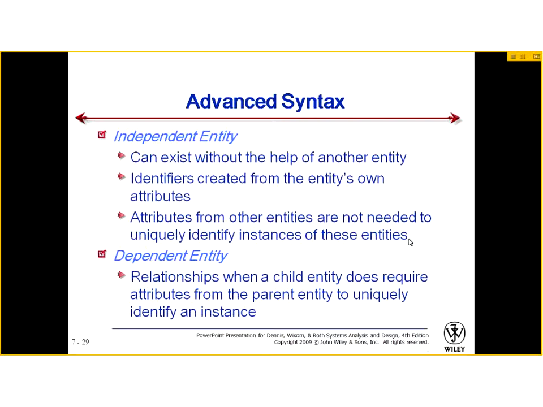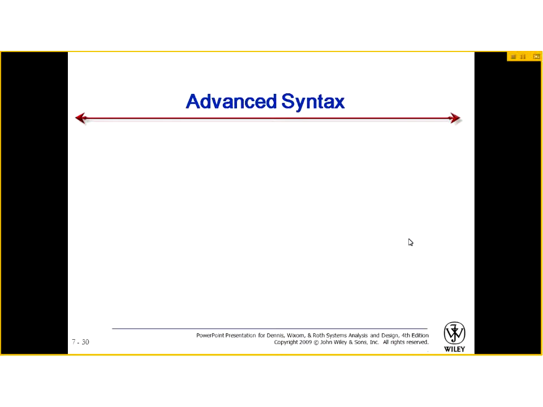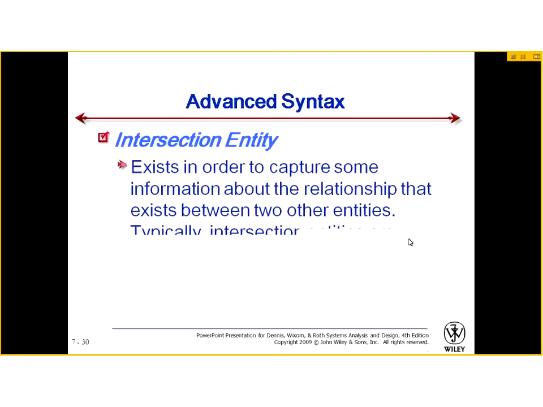So if it is using some attribute in its primary key which is from some other entity, then it is a dependent entity. Because to uniquely identify each of the instance, it needs help from the other entity, because it is using the attribute of the other entity in its composite primary key. So that will be a dependent entity.